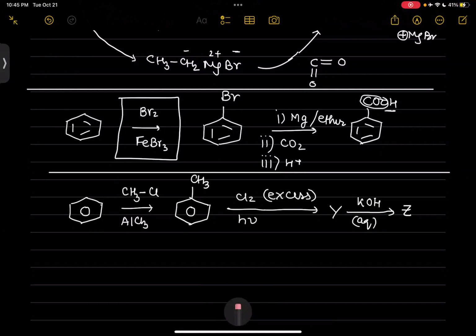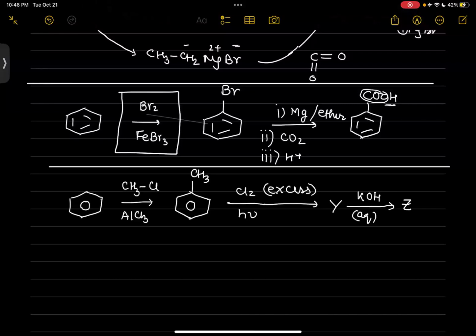Got it? Yes, sir. AlCl3 will remove the Cl minus, make it CH3 plus, and that CH3 plus will get attached to the benzene. Got it?